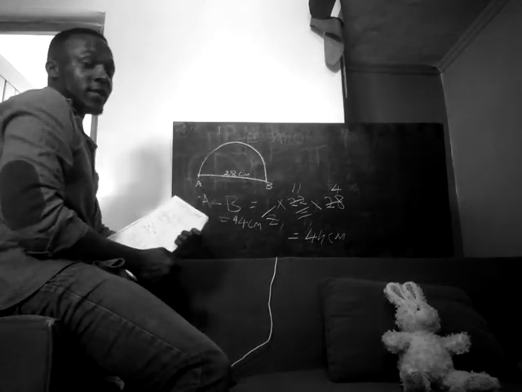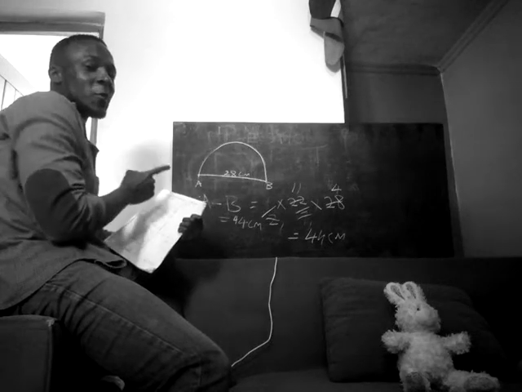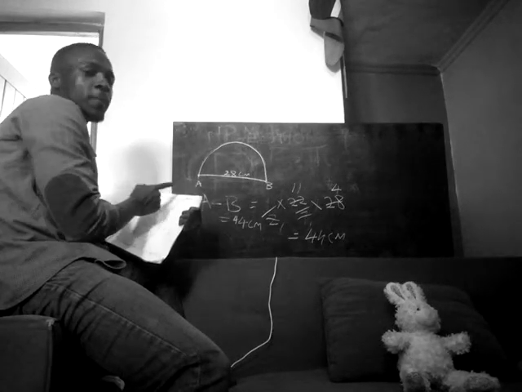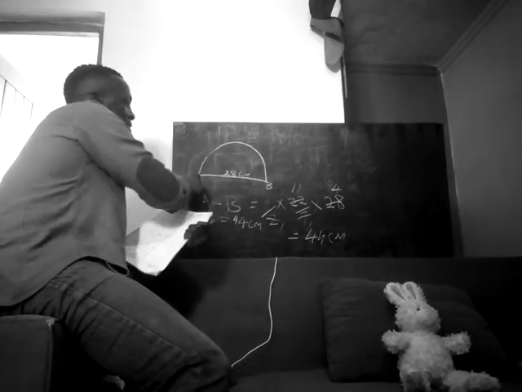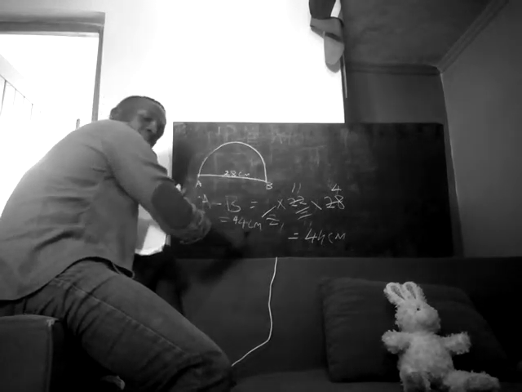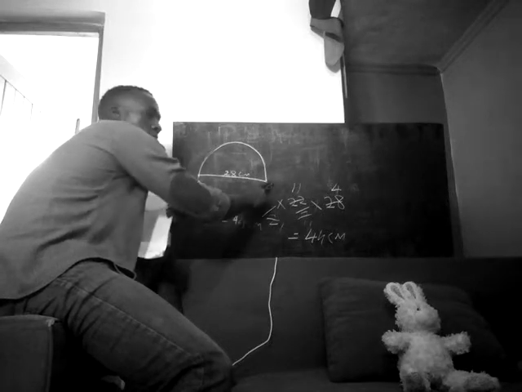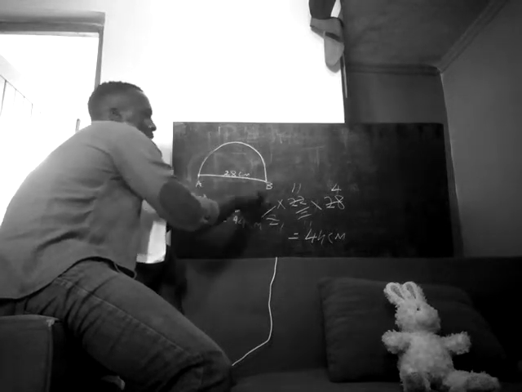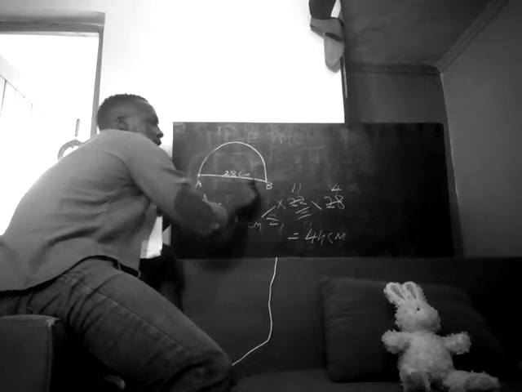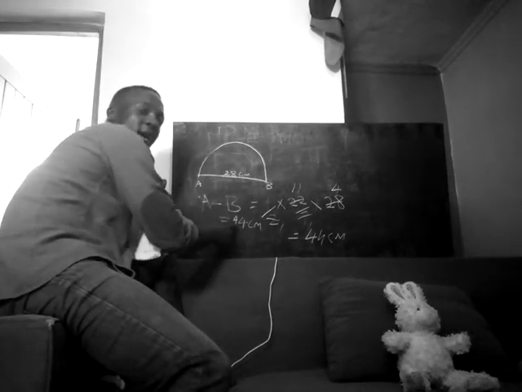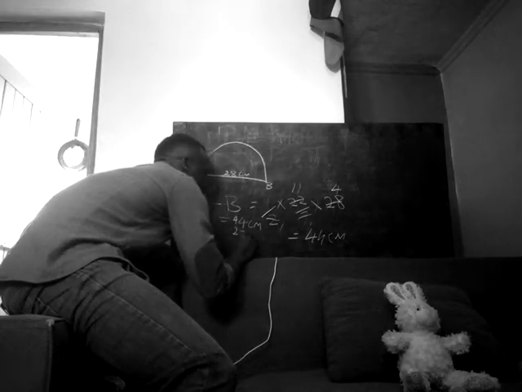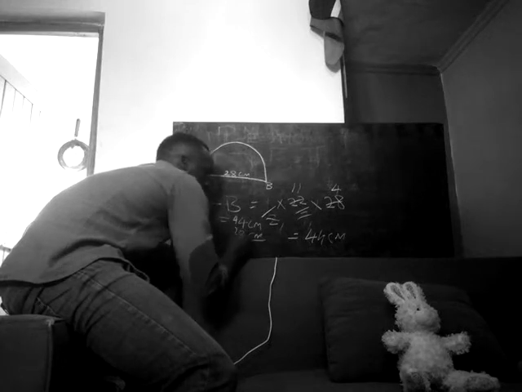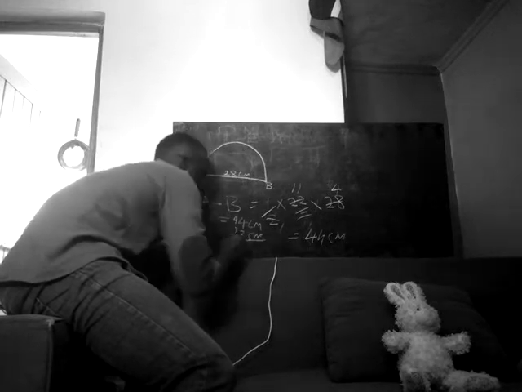But our question is, what is the perimeter of this semicircle, the distance all around the semicircle? So from here to here, we've already gotten 44 centimeters. Then from B back to A, how many centimeters? 28 centimeters. So we have to add it to whatever we had gotten. 8 plus 4, we have 12.